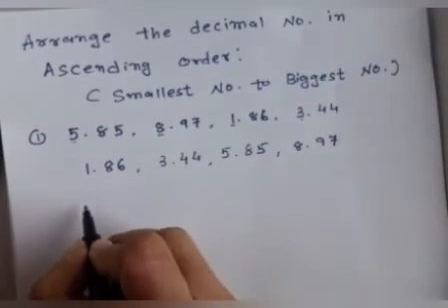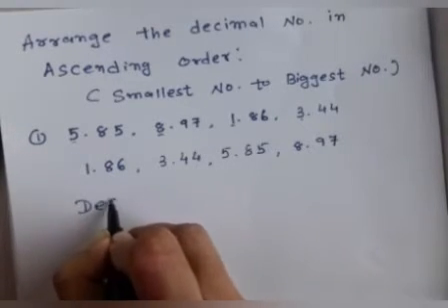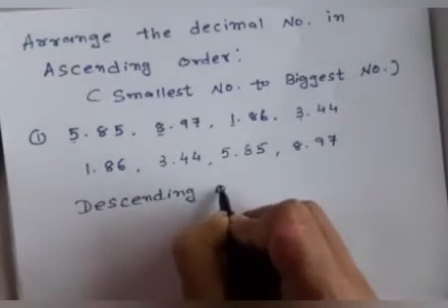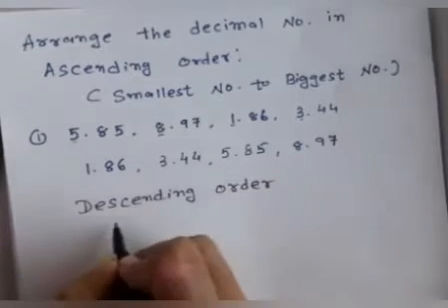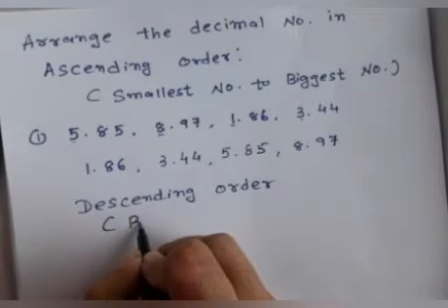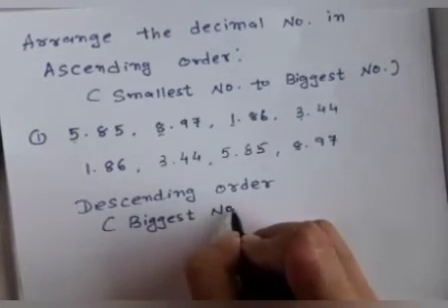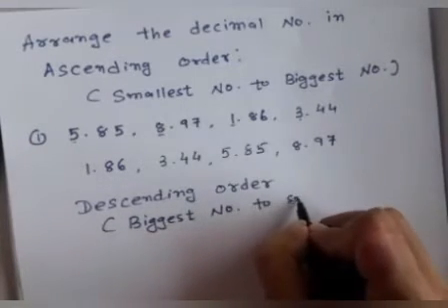While we are arranging numbers in descending order, means we will arrange the numbers from biggest number to smallest number.